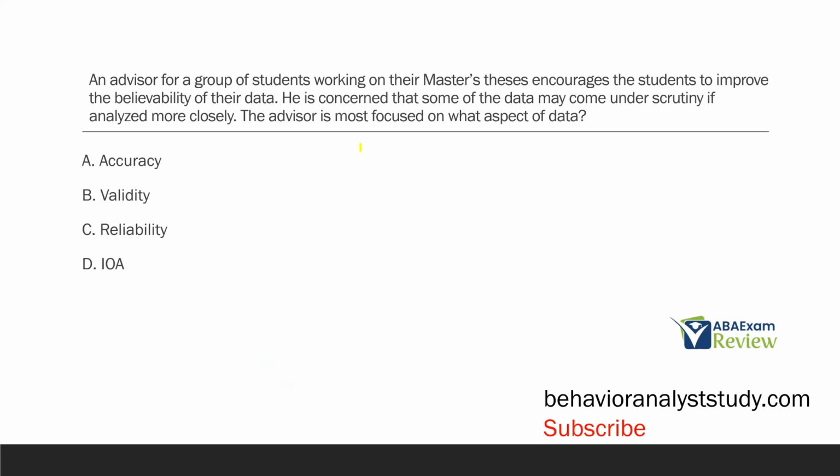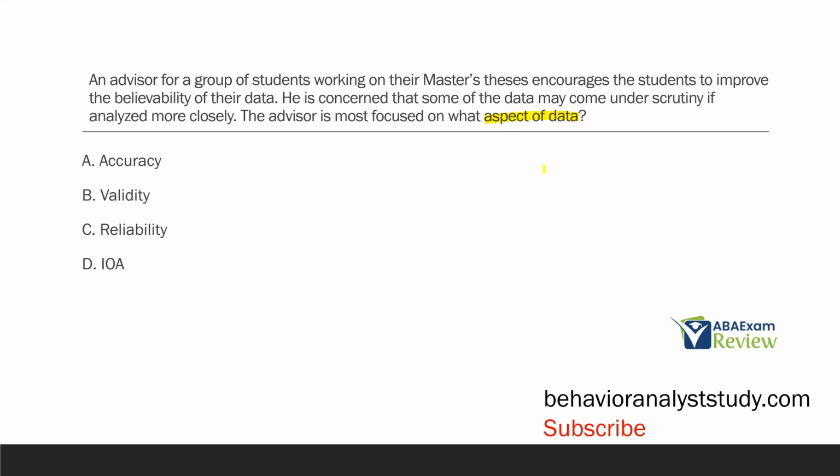An advisor for a group of students working on their master's thesis encourages the students to improve the believability of their data. He is concerned that some of the data may come under scrutiny if analyzed more closely. The advisor is most focused on what aspect of data? When we think about aspects of data, we typically think about accuracy, validity, and reliability. But that fourth aspect is typically believability.